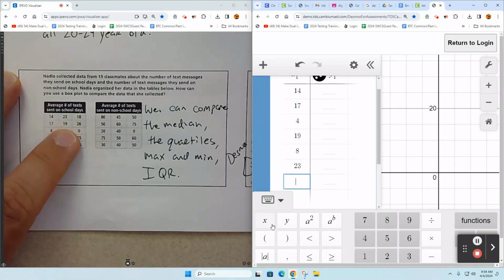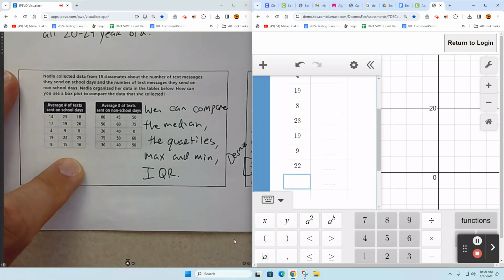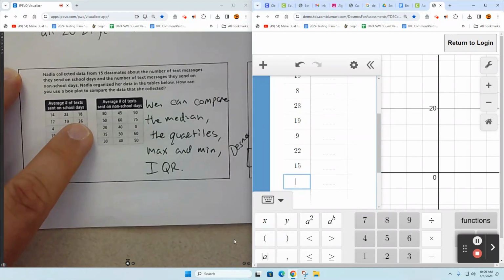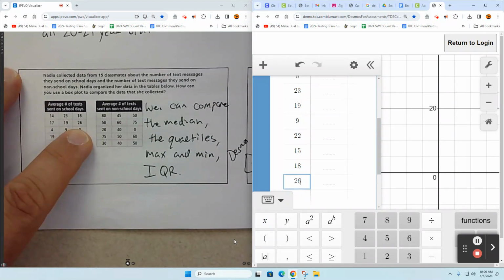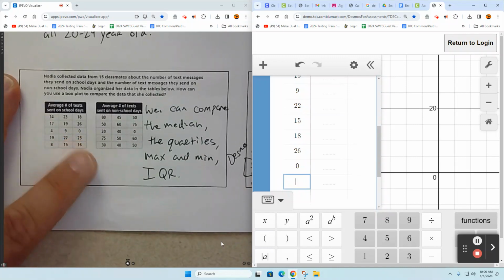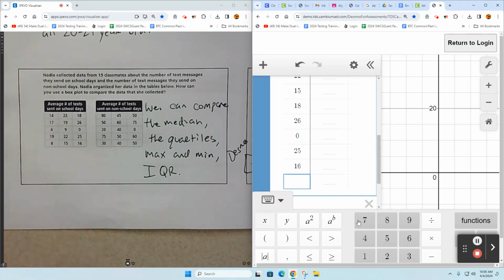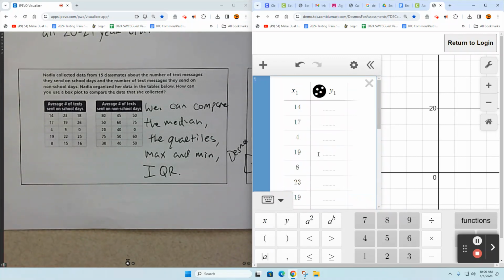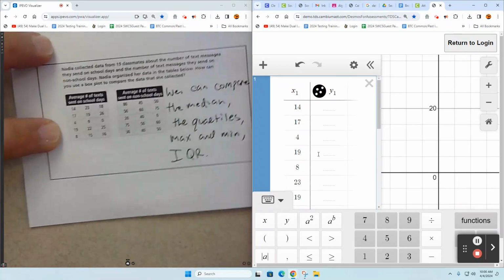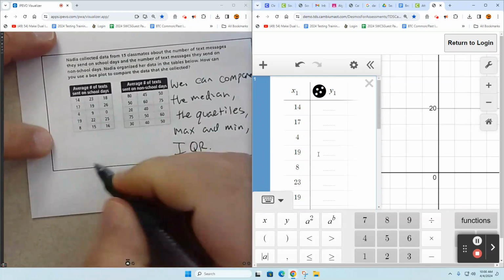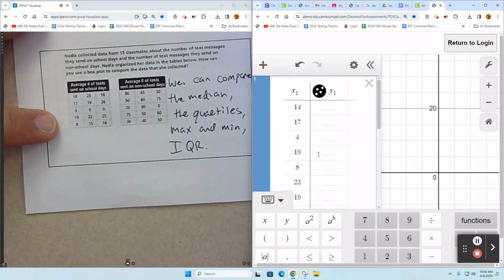But if I had to, for homework or online work, do a box and whisker, what do I need to know to do a box and whisker plot? So I'm going to do a box and whisker for this one right here. I need to know what?